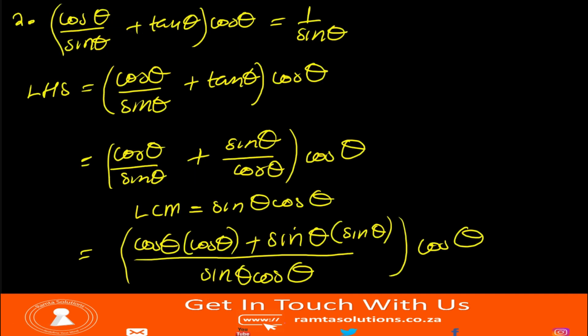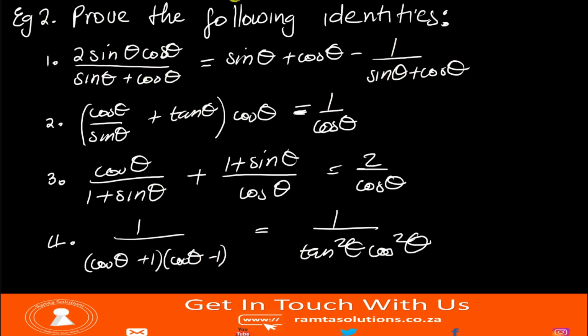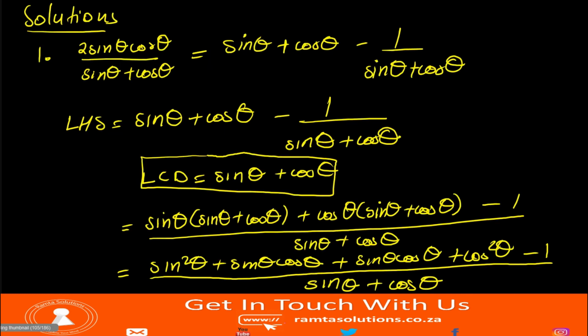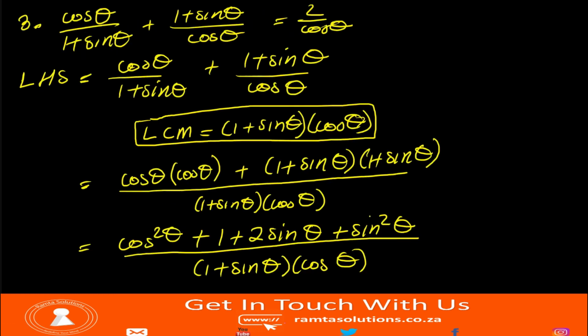This is supposed to be negative 1 over this. It's supposed to be this, I think, but it's okay. Let me continue. We will see later.